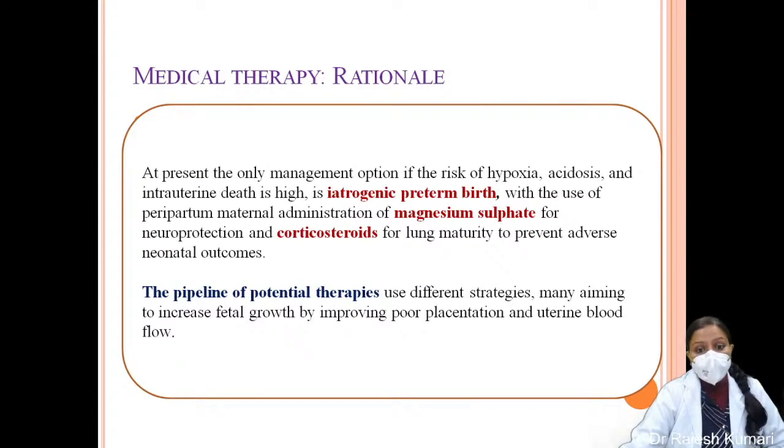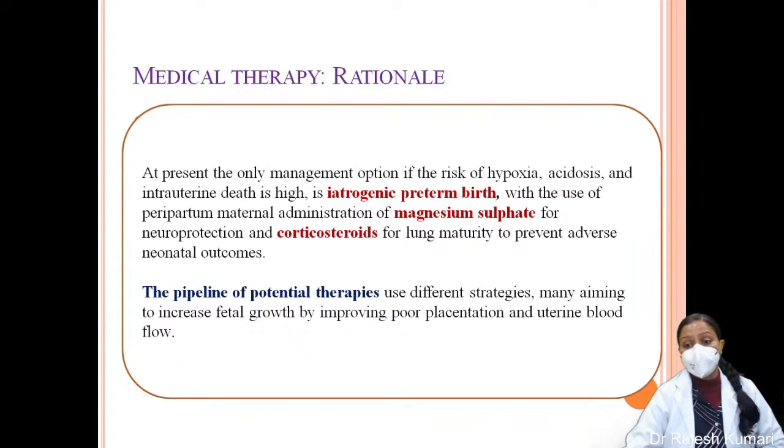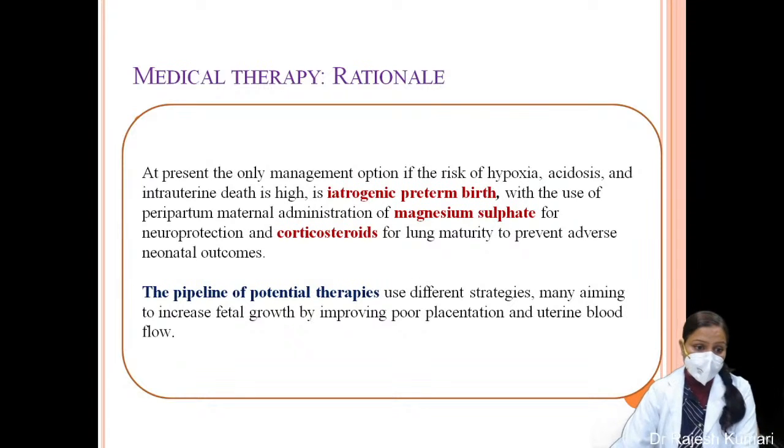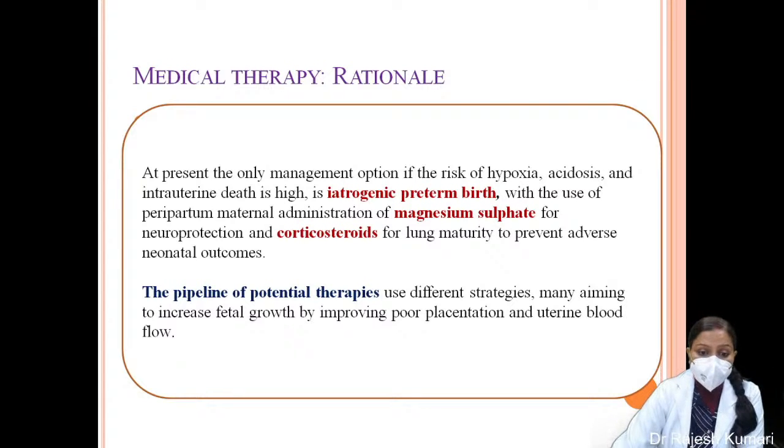At present, if the risk of hypoxia, acidosis, and intrauterine death is high, the only management option is iatrogenic preterm birth, with peripartum maternal administration of magnesium sulfate for neuroprotection and corticosteroids for lung maturity to prevent adverse neonatal outcome. The pipeline of potential therapies uses different strategies, mainly aiming to increase fetal growth by improving poor placental and uterine blood flow.